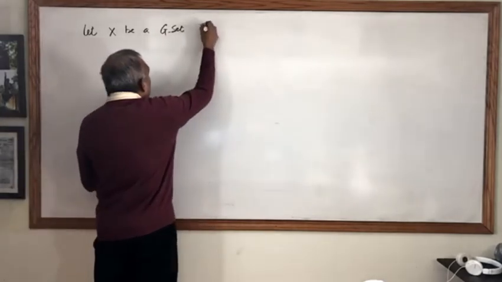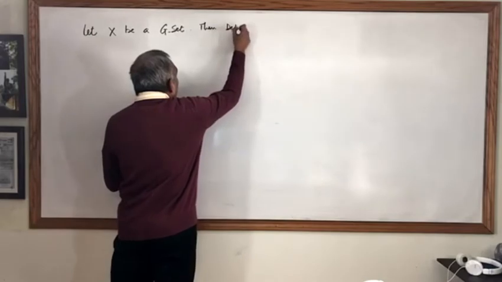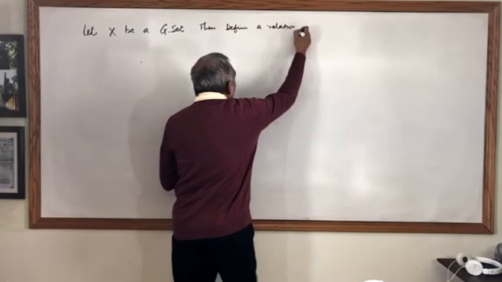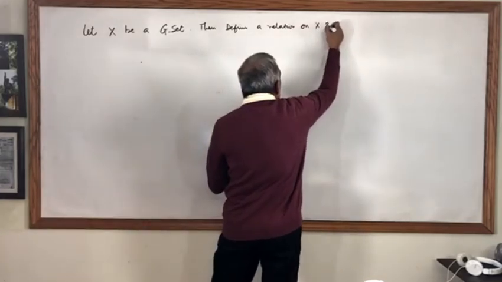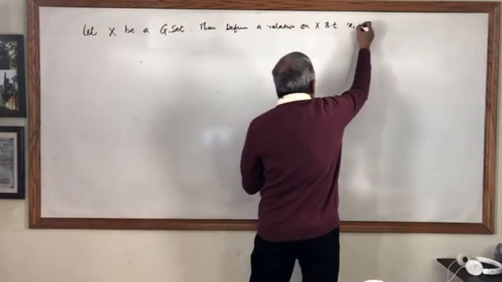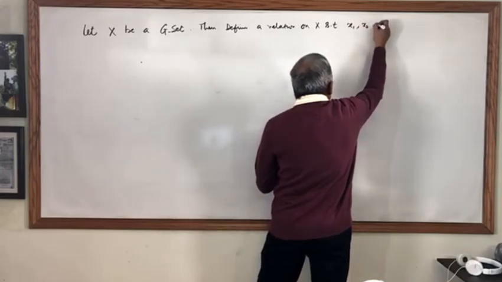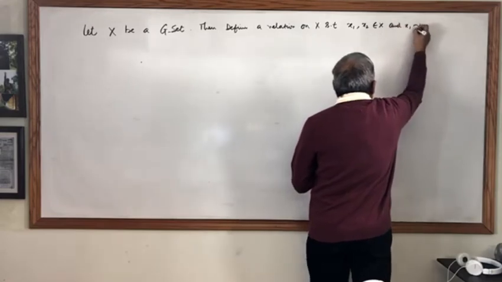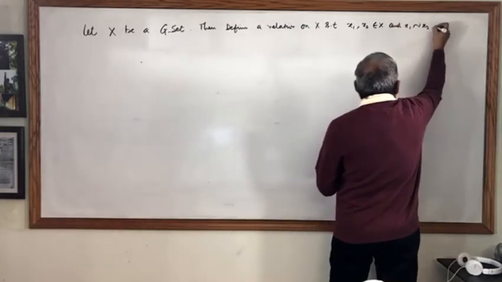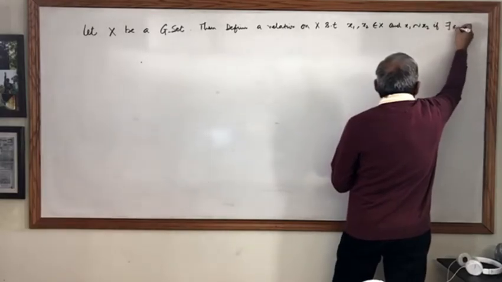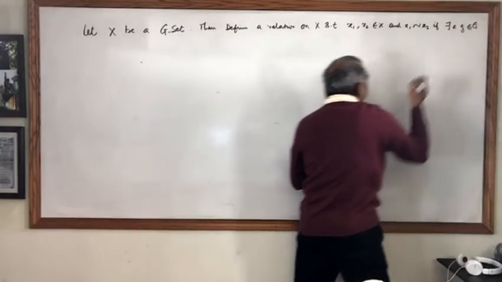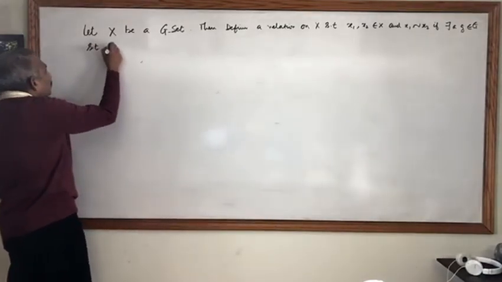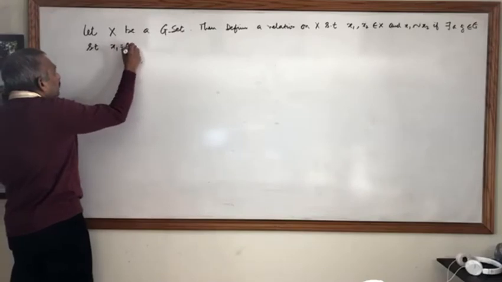Then define a relation on X such that x1, x2 belong to X and x1 is related to x2 if there exists a g in G such that x1 equals gx2.